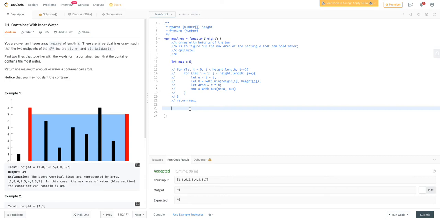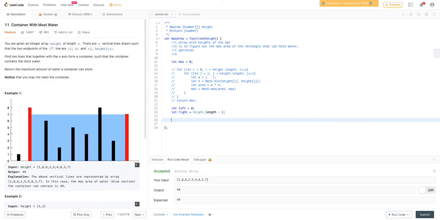So let's start coding this up. I have already assigned the max to be 0 for now, because area can't be negative, right? It has to be some sort of positive number. So let's assign let left equals 0, let right equals height.length minus 1.